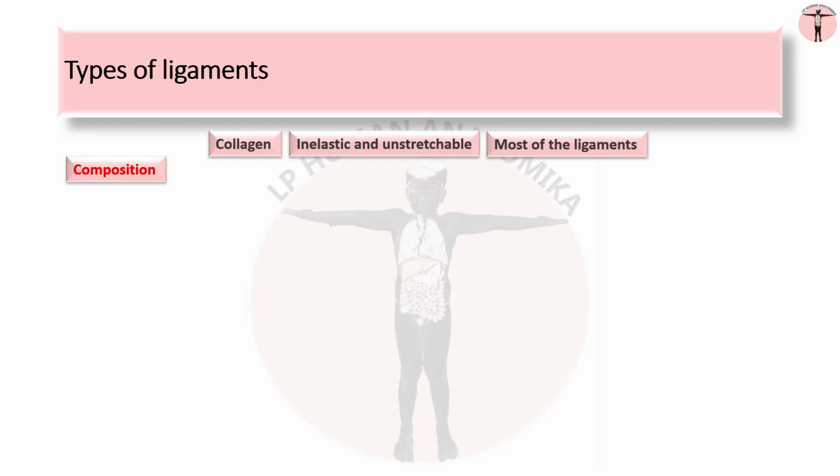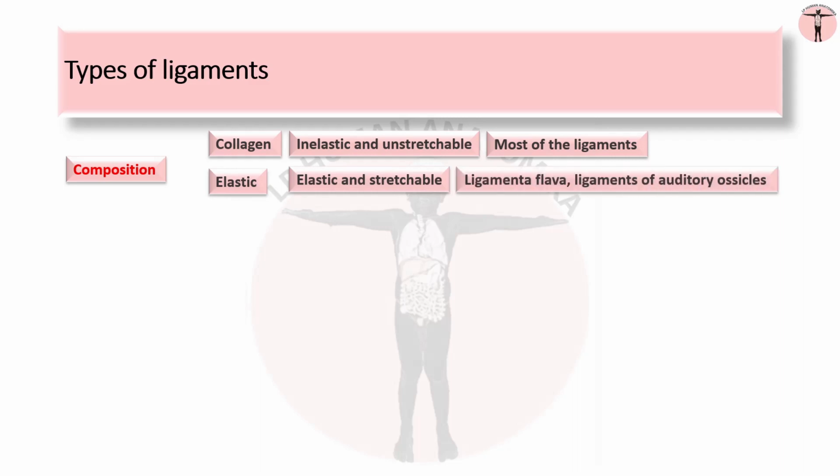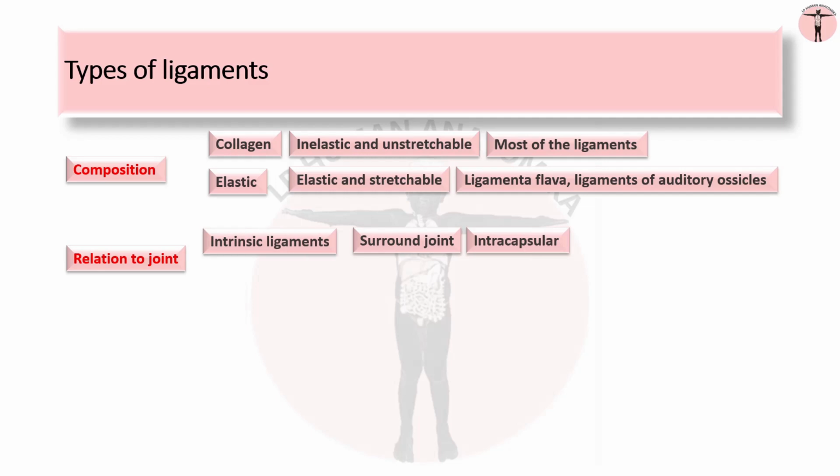A few ligaments are made up of elastic fibers. These are elastic and stretchable. Examples are ligamentum flavum and ligaments of auditory ossicles. According to the relation to the joint, it is classified into intrinsic ligaments, which surround the joint and may be intracapsular.